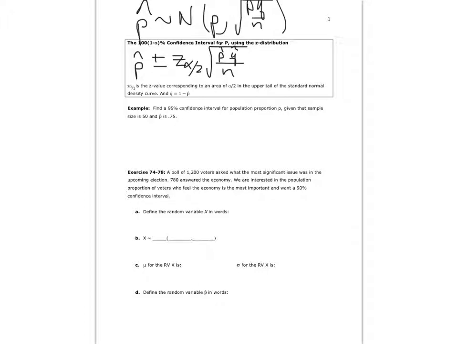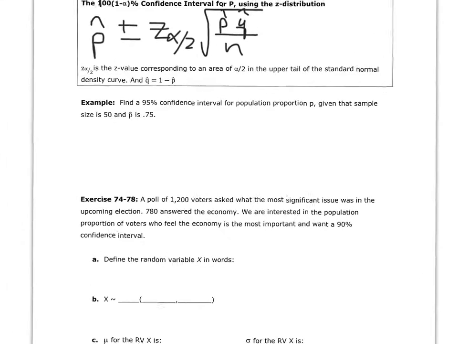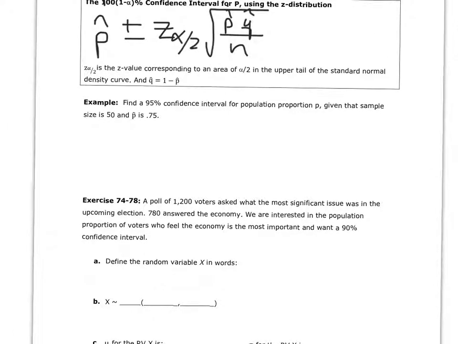So we have a simple example. We're just going to plug stuff into that formula to start off with. We want a 95% confidence interval. We have sample size 50, and p hat is 0.75. So our confidence interval will be 0.75 plus or minus the z value, which for a 95% confidence interval is 1.96, times the standard deviation.